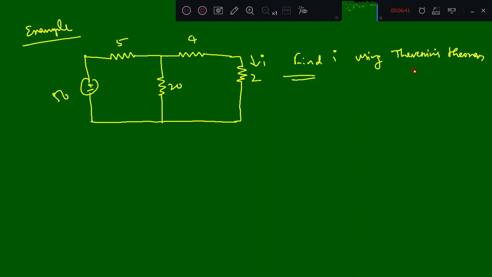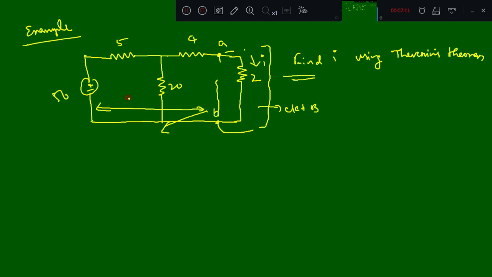So how to solve this? First we need to divide the circuit into two parts. Here I will take two points, A and B. This is circuit B, and from here to here, this circuit is A. Okay.